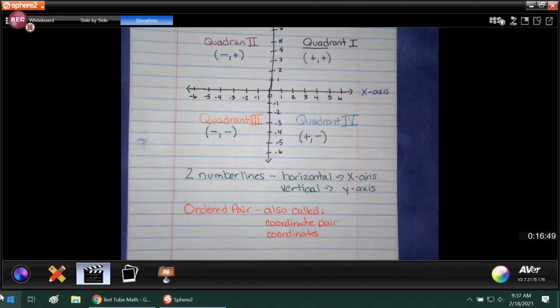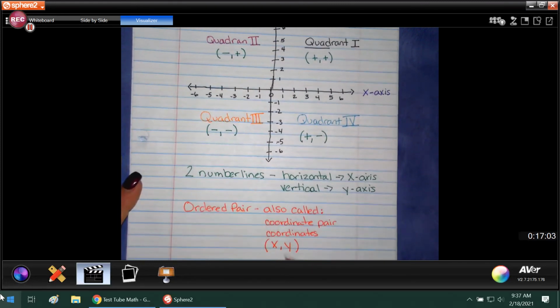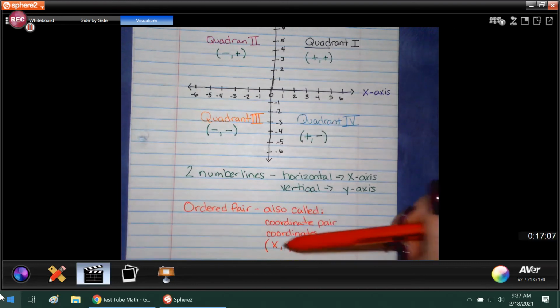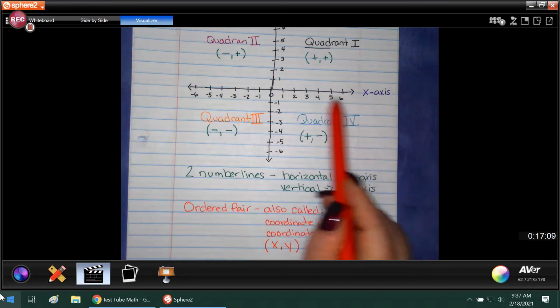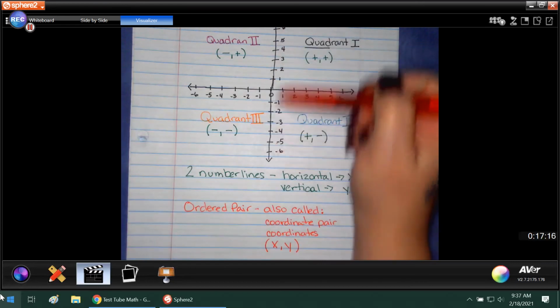Okay, and they are written like this: (x, y) is the example. So x is a number followed by y, which is a number. So x is a variable, y is a variable. So x is always the x-axis coordinate, and then y is always the y-axis coordinate.